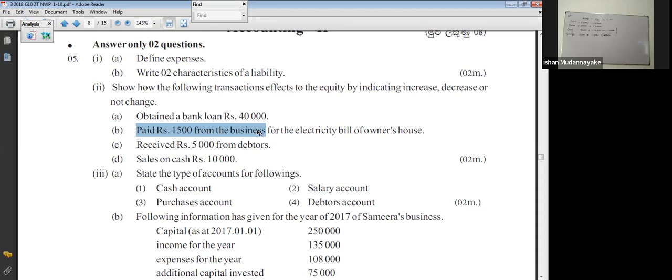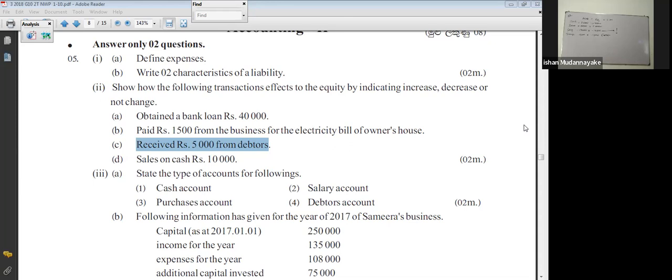C. Received 5,000 from debtors. No change. Yes, no change. Now, if you want to explain something, please send me a message or open the mic and tell me.